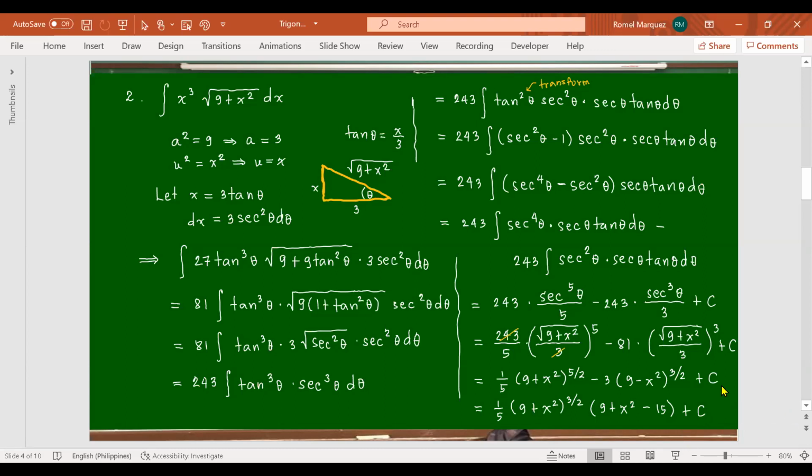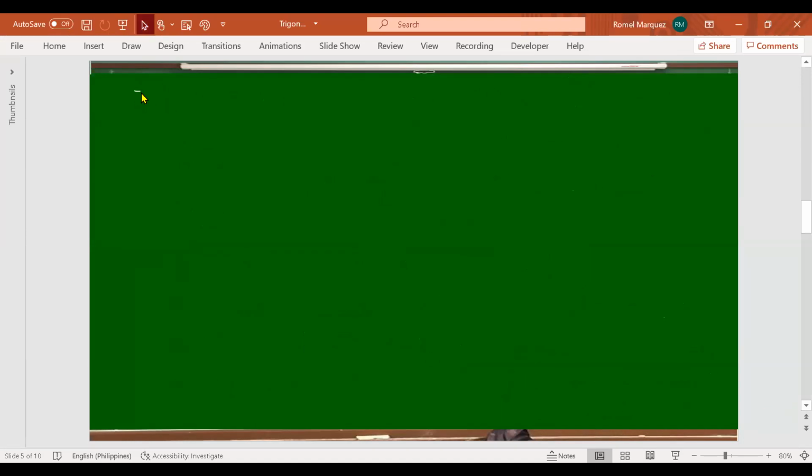And simplifying further, actually this is already accepted. But if you want factored form, say it's a multiple choice, you have to have an alternative form. You should know how to write that in another form. So this is 9 minus 15, that is negative 6, plus x squared. So finally, we have 1 over 5 times 9 plus x squared raised to 3 halves multiplied to x squared minus 6 plus c.